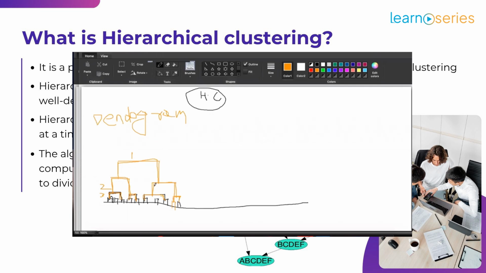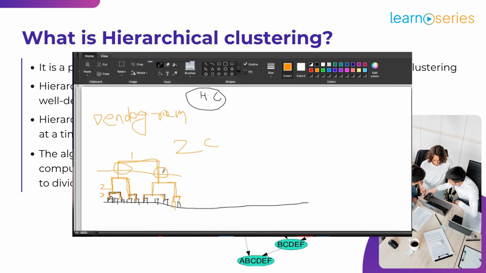Now you try to cut it with a horizontal line. What's the maximum number of vertical lines you are intersecting without touching the base? That's the number of clusters. Suppose if I draw a line here, I am intersecting two vertical lines, so there are two clusters.